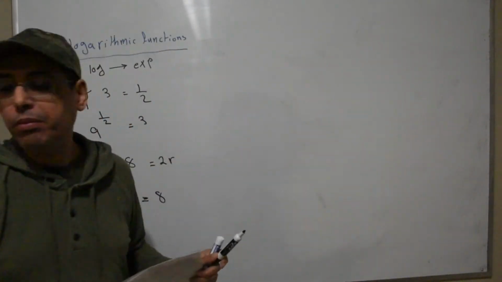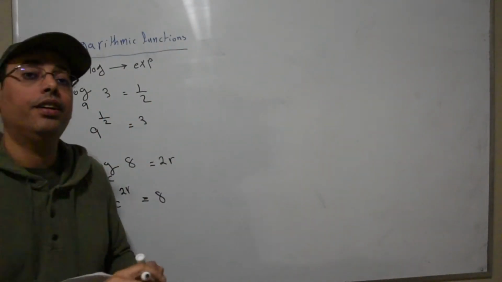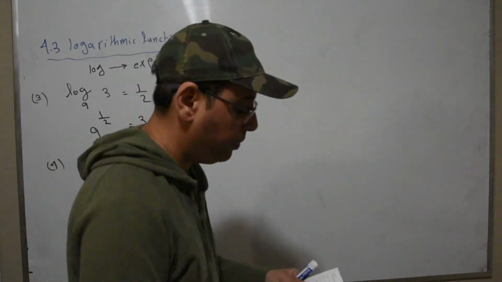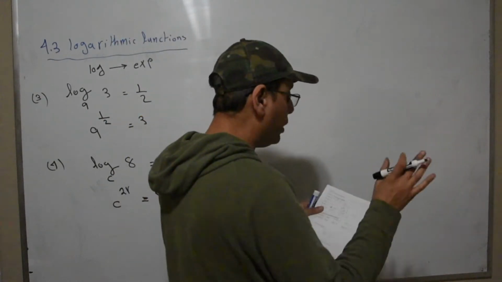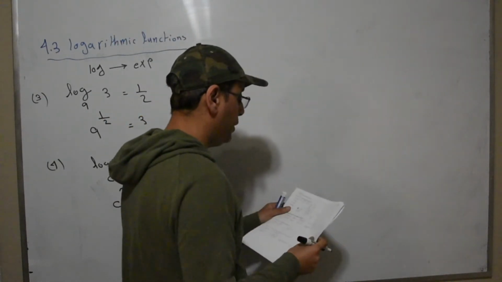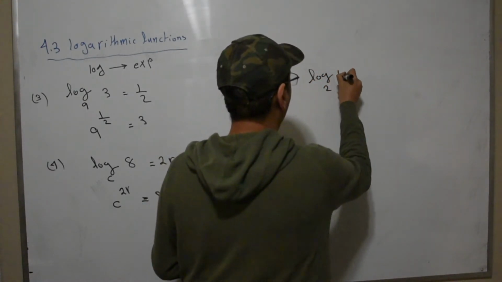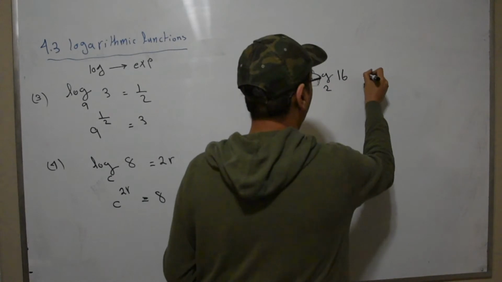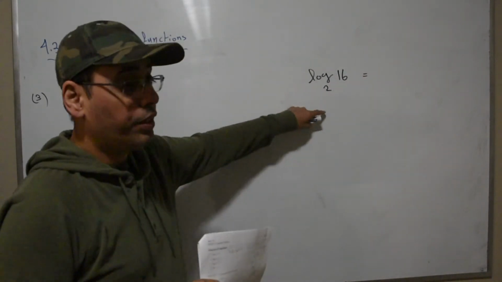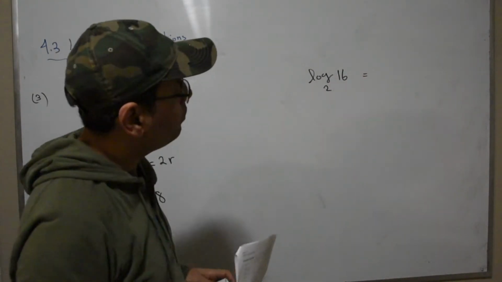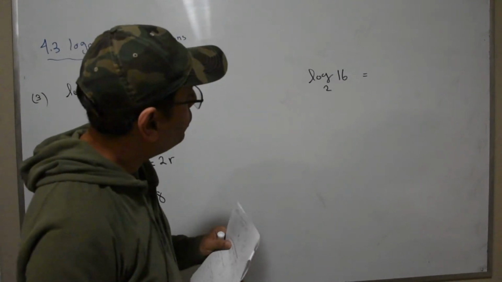We're going to take them by examples first, and then we're going to state the properties. Okay, so now we're going to evaluate some examples. So I have log base 2 of 16, what is it? Do you remember I gave you this motivation example? So you think about that.